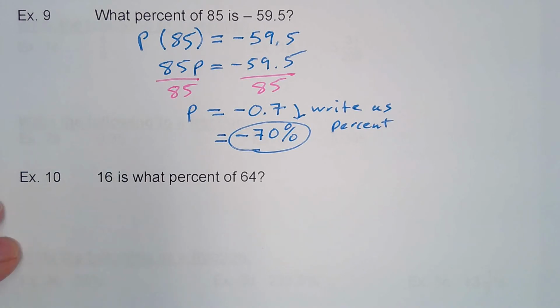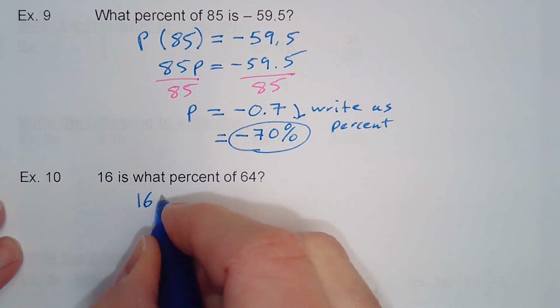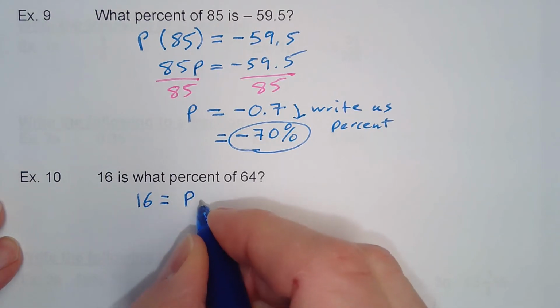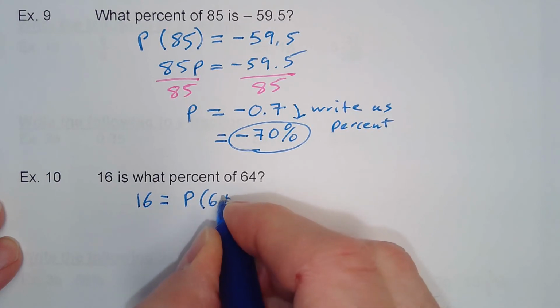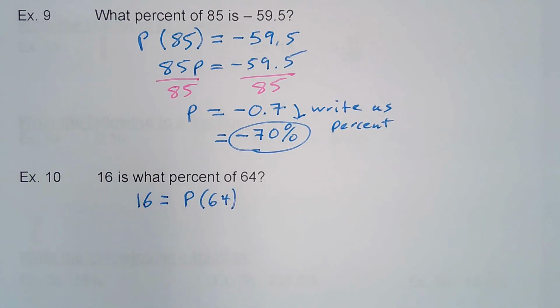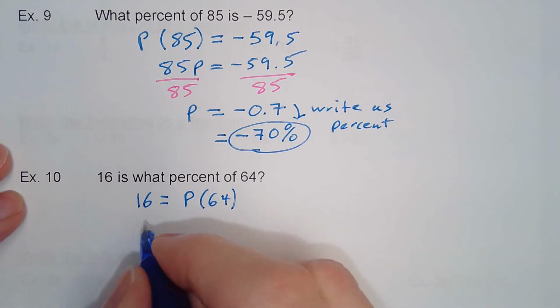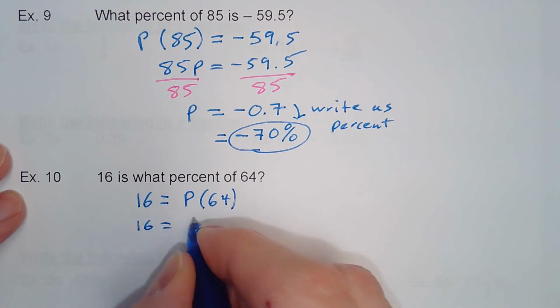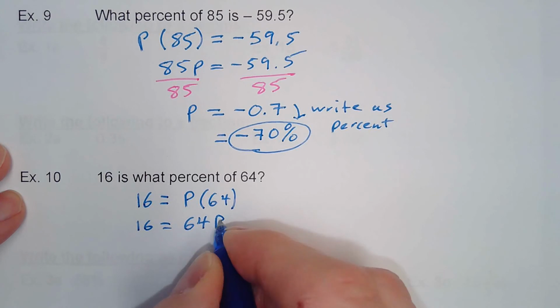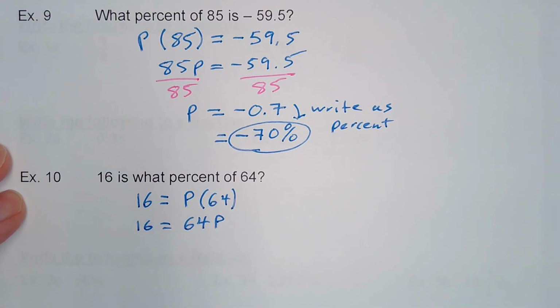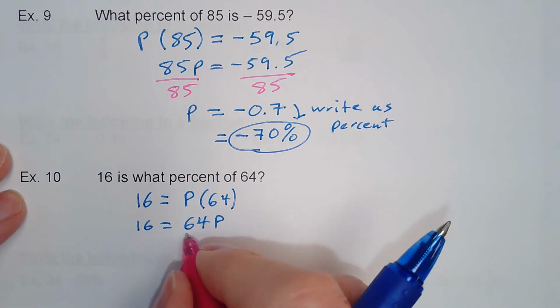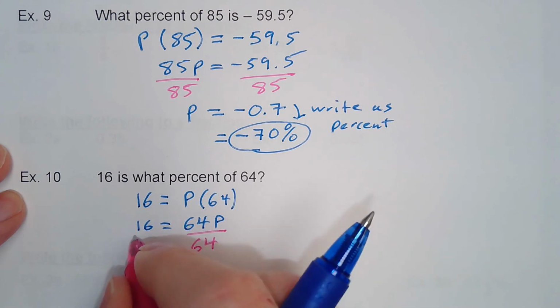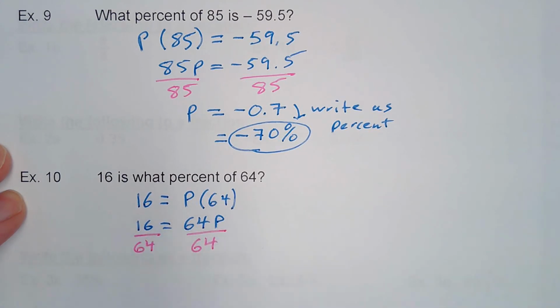Let's try number 10. 16 equals, again, I'm looking for the percent of 64. Again, my numbers are on the opposite side, so I'm going to have to divide. I'm going to rewrite this as 64P. And then we're going to need to divide both sides by 64. And that's going to give you 1/4.